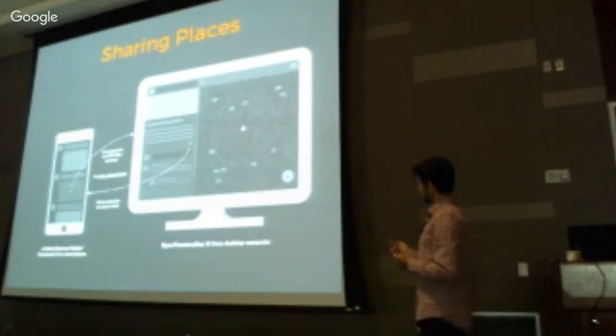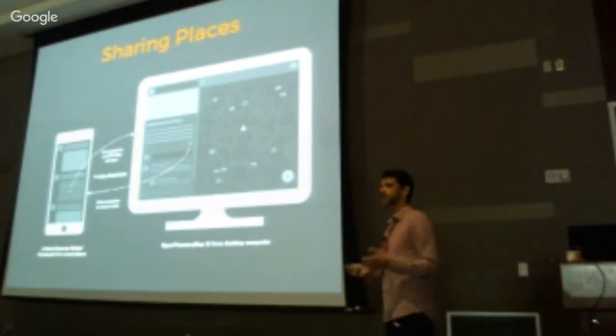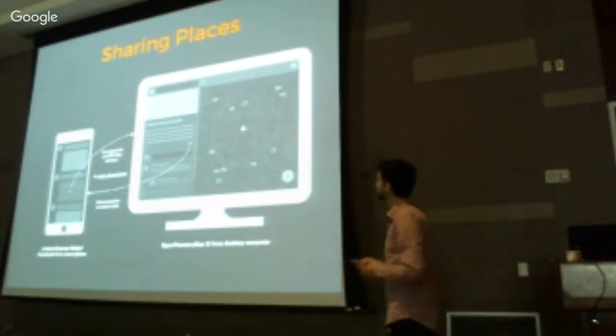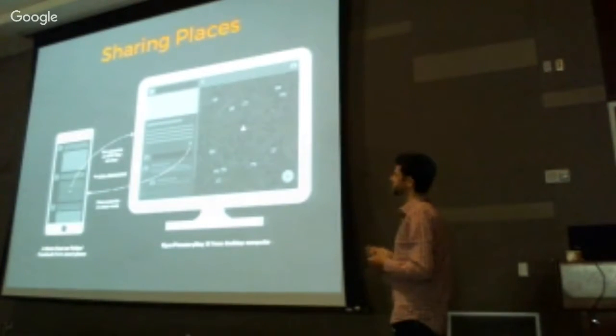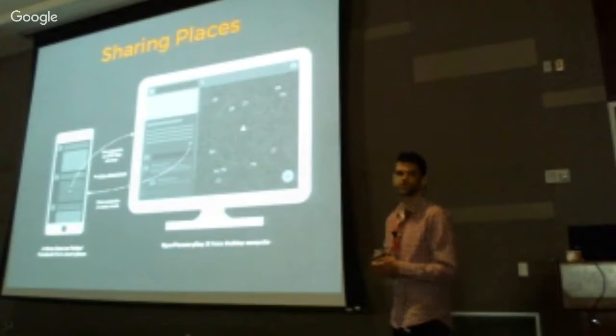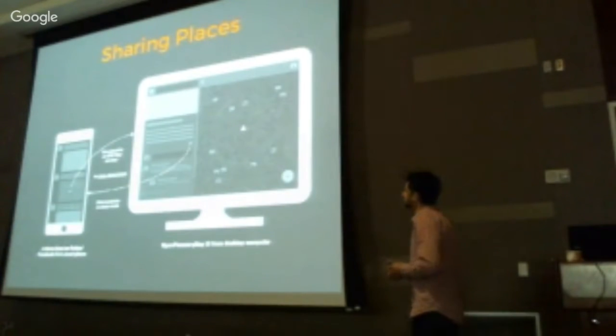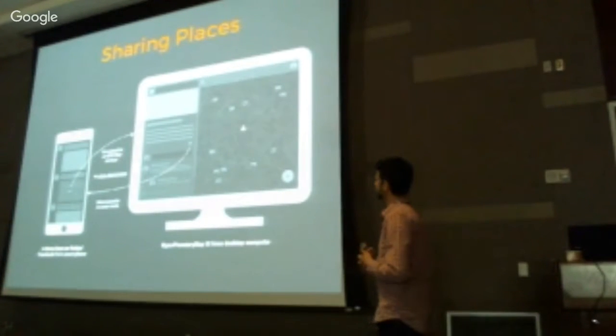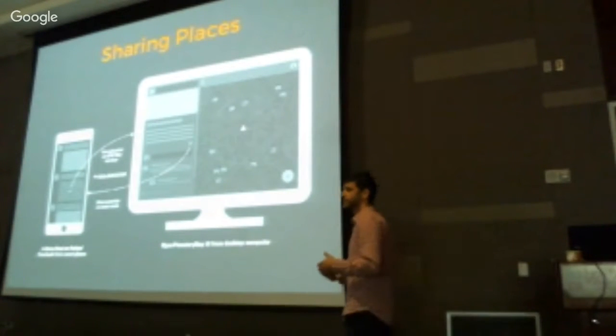So first, about sharing places and the concept that we have for this web interface. On the right hand side, you see an interactive map that pretty much looks like what you would see on Google Maps, where people will be able to discover Mars, navigate it, and more importantly, add their own content.